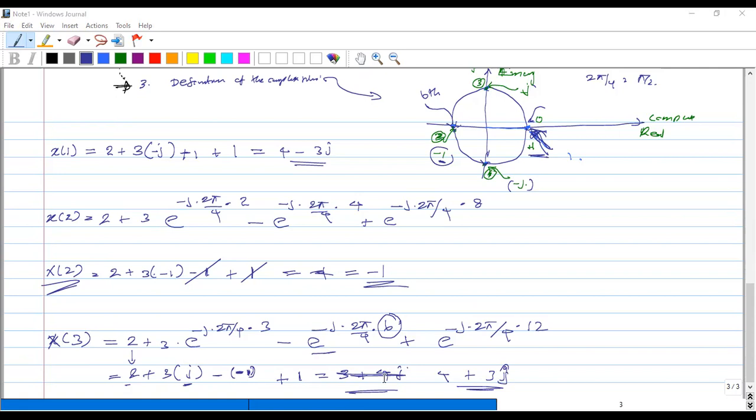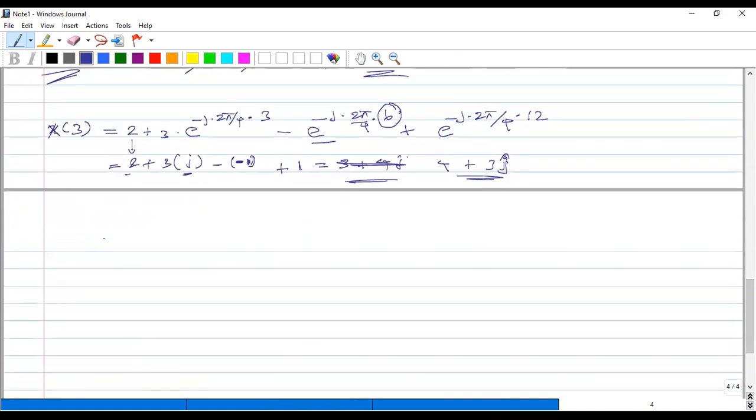So we have to calculate our sampled frequency domain signal.